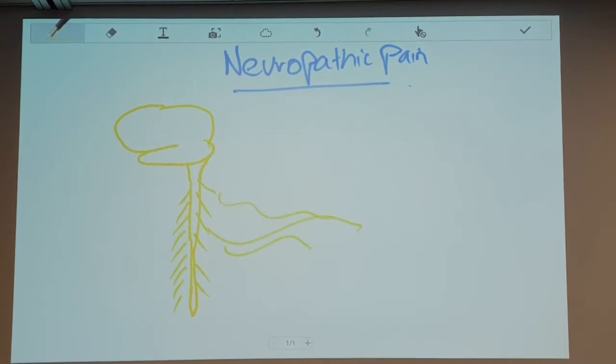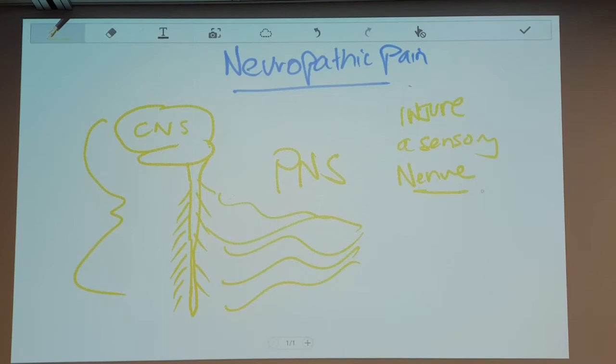So this is what we call our PNS, and this is our CNS, including the spinal cord. Now, if we injure a sensory nerve, then we can experience neuropathic pain.